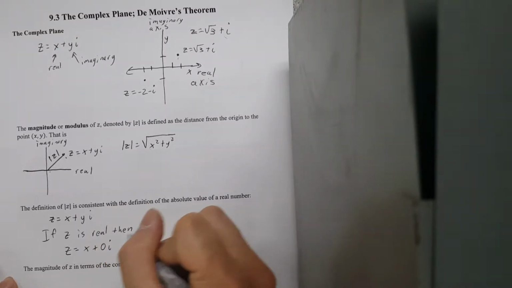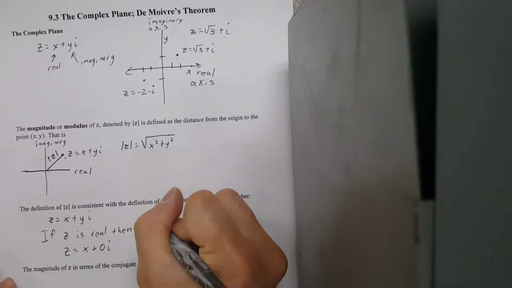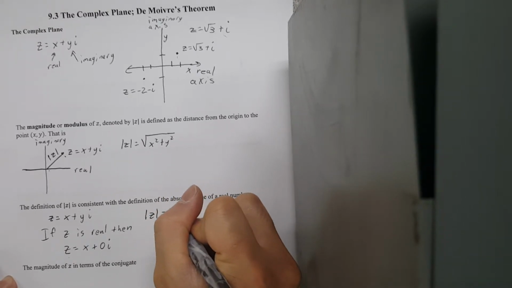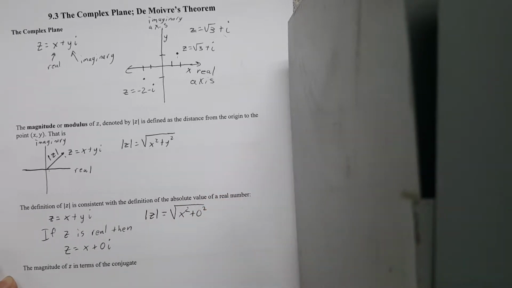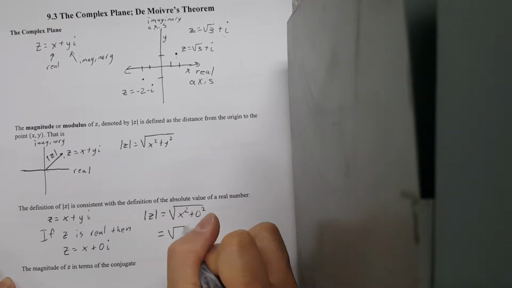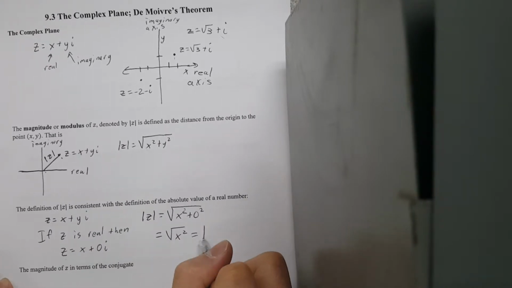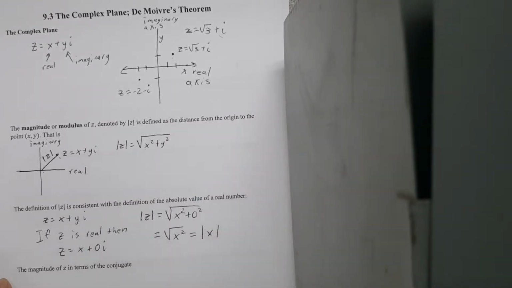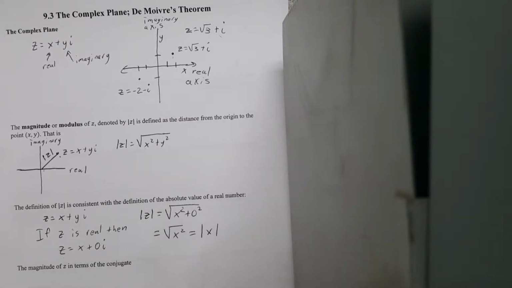And so if I want to find the magnitude of this z, it would be the square root of x squared plus 0 squared, and this is the square root of x squared, and the square root of x squared is really the absolute value of x. And so that's why we use this absolute value notation when we talk about the magnitude of z, because it corresponds to the absolute value in real numbers.